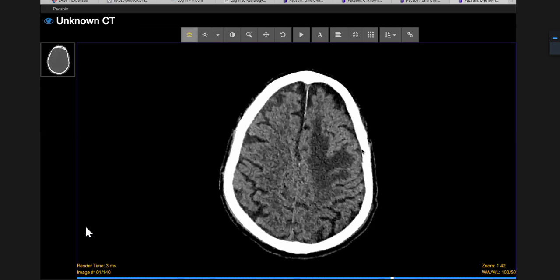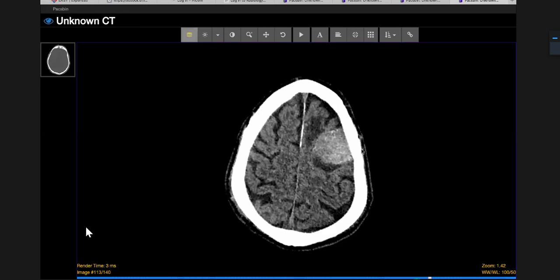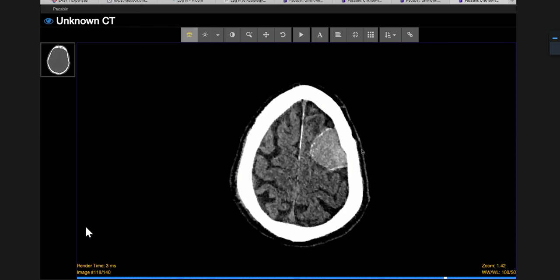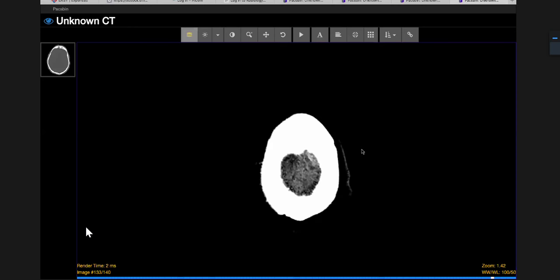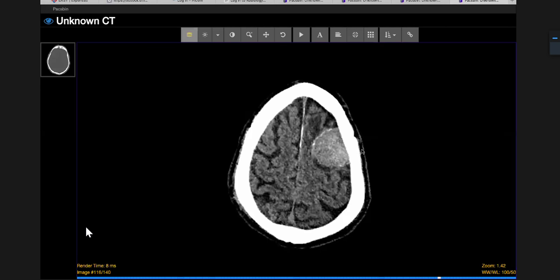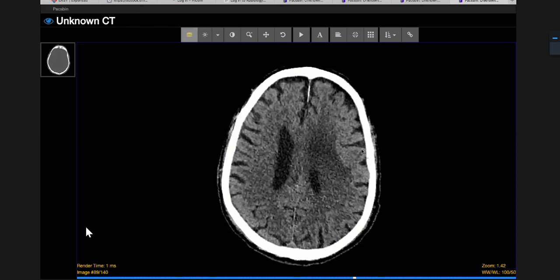There's also this lesion that is hyperdense in the left frontoparietal area, and it has a wide base of attachment to the dura, and it's homogeneous, and there is like a rim of calcifications in the periphery of it. My first differential for this lesion would be a meningioma.